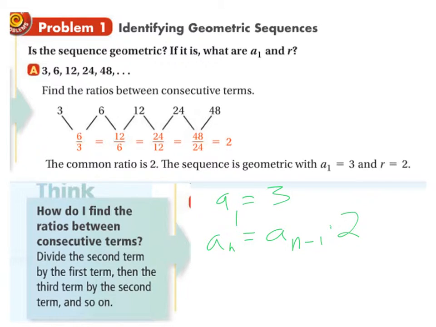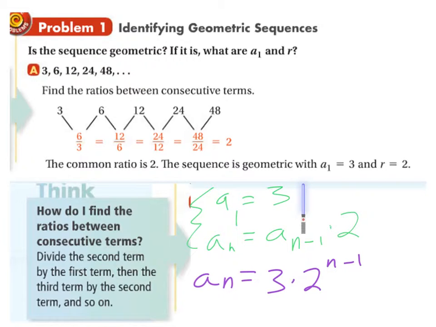So that's all we have for the recursive. And for the explicit form, it is just a sub n equals the initial value 3 times 2 to the n minus 1 power. So again, you can see the difference there between recursive and explicit.